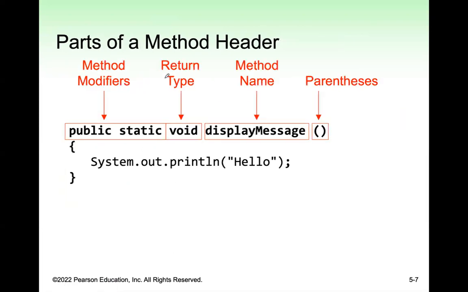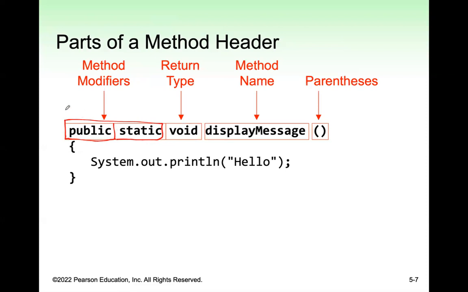Now let's look at all of the parts of our method header a little bit closer. So the first one, right here, public static, just means that your method is available to everything inside of your class. Remember classes, so everything within that class can access this method.